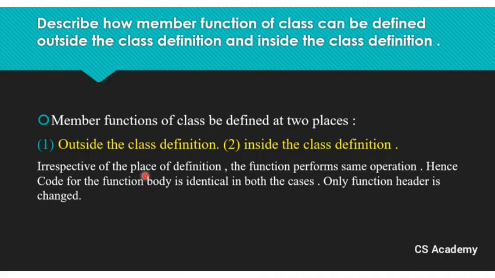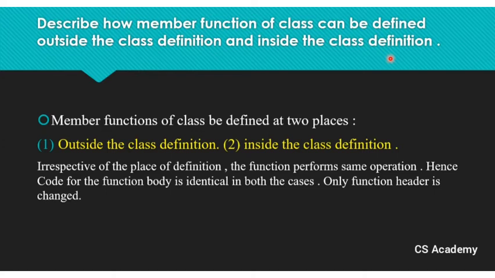First of all, in your examination it will be asked: describe how member functions of a class can be defined outside the class definition and inside the class definition. We know that an object is a variable whose type is the class. The object is a variable of the same type as that of the class.